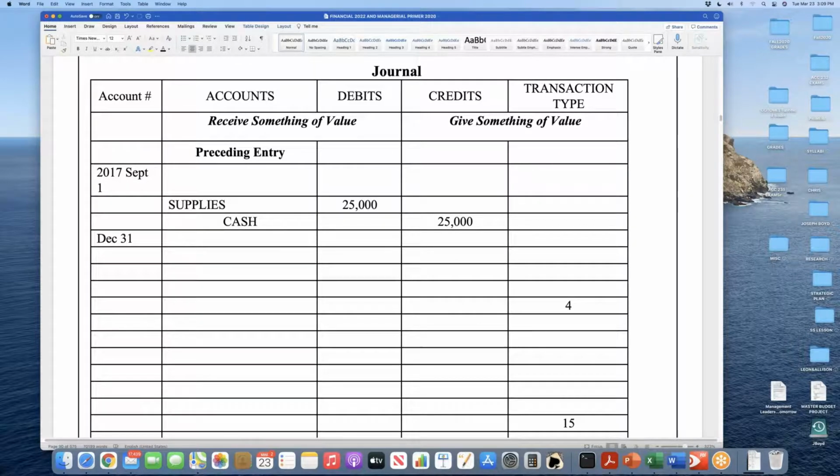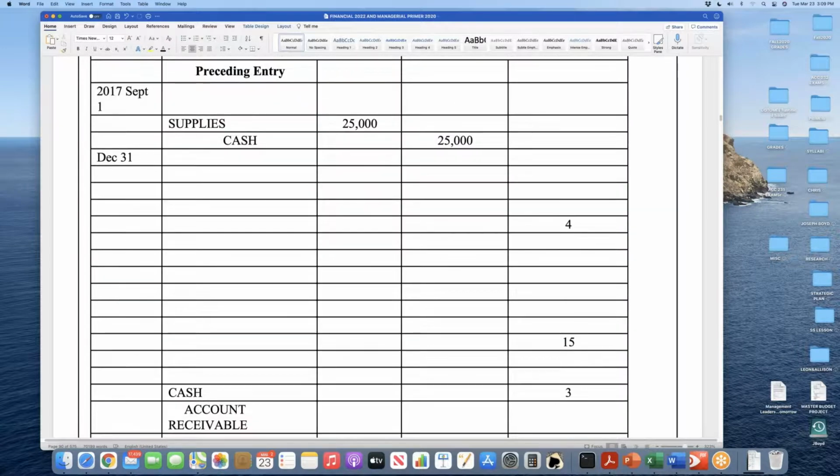Every time we buy supplies, we're going to have some sort of preceding entry. Then the AJE is going to occur on December 31st. So when we're doing supplies and we make the AJE, what account are we going to debit? Supplies expense.